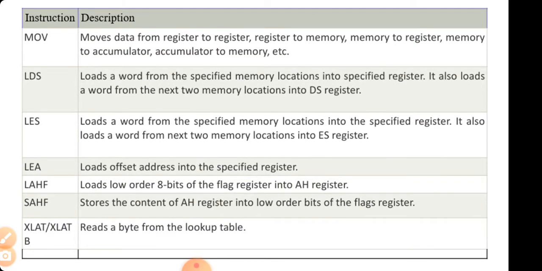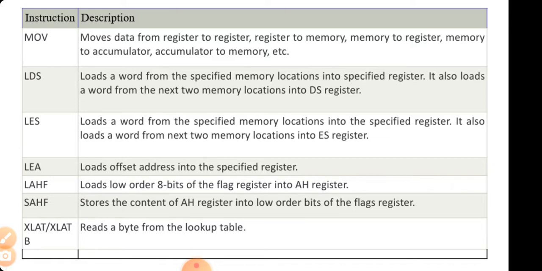Now we have to study the LEA. The LEA instruction loads the offset address into the specified register. What is meant by the offset address? Any value, any data which can be stored in any register, has two sections.